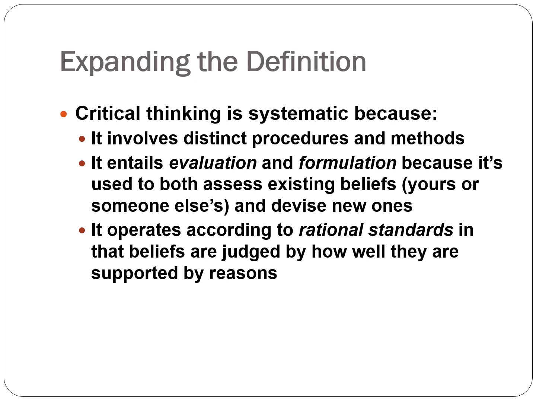There are distinct procedures and methods to critical thinking. It entails evaluation and formulation because it's used both to assess existing beliefs, both yours and someone else's, and devise new ones. And the third bullet item, it operates according to rational standards in that beliefs are judged by how well they are supported by reasons.